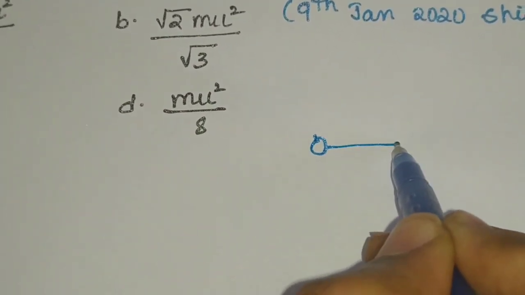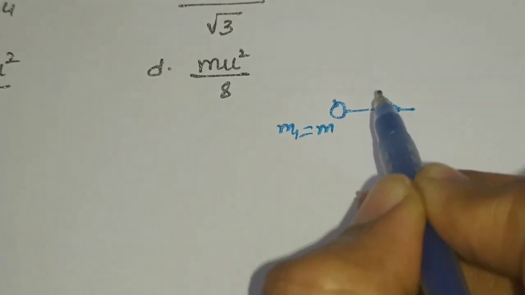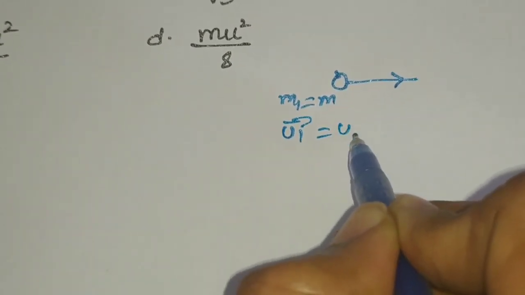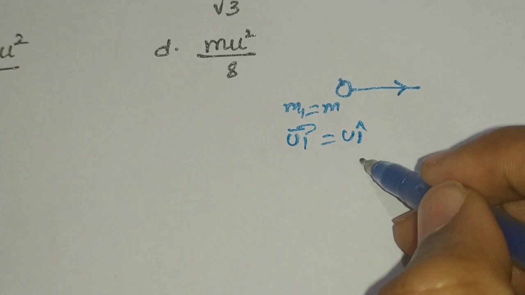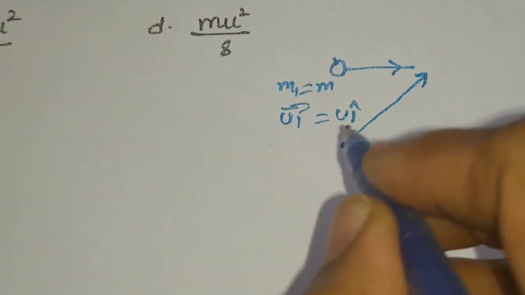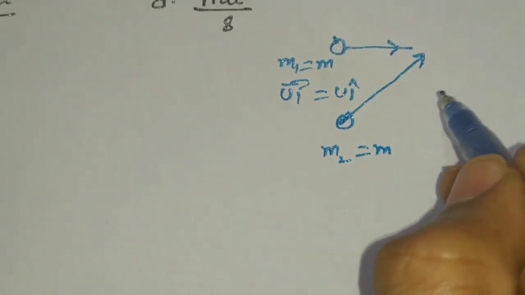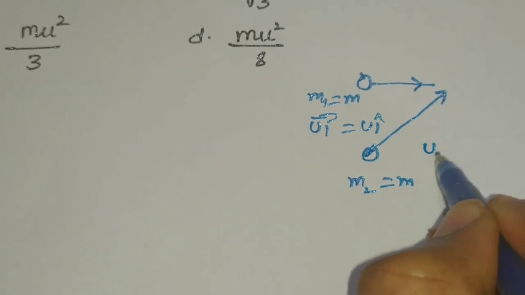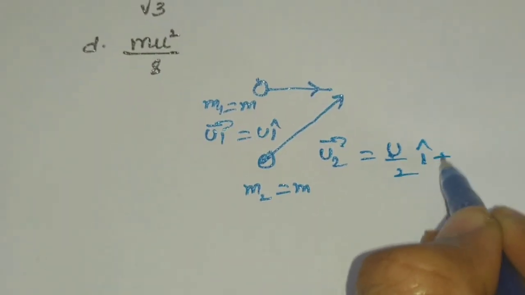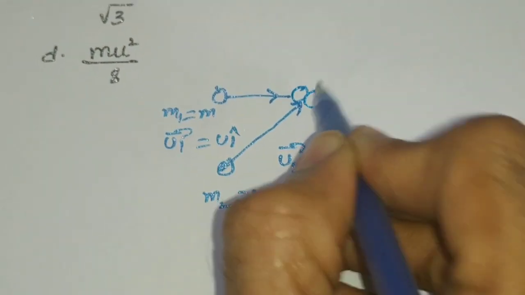Let first body is traveling along this direction. Mass of the first body m1 is equal to m and its velocity u1 bar is equal to u i cap. Then according to given vector, we may consider the second body may be traveling along this direction. Its mass is also equal to m, m2 is also equal to m, but traveling with velocity u2 bar is equal to u by 2 i cap plus u by 2 j cap, and they collide with each other here.